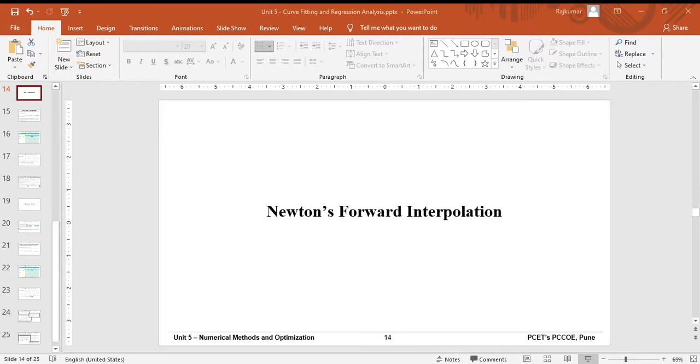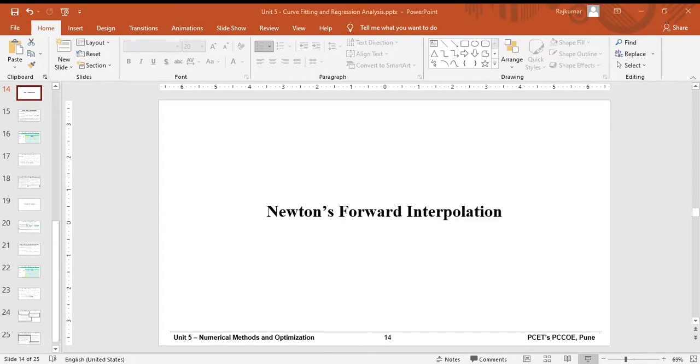We are interested in the value of y when x is 160. So we will be taking the highlighted row, that is 150, 13.03, and so on. So we'll go ahead. These are the values. So x naught is 150.